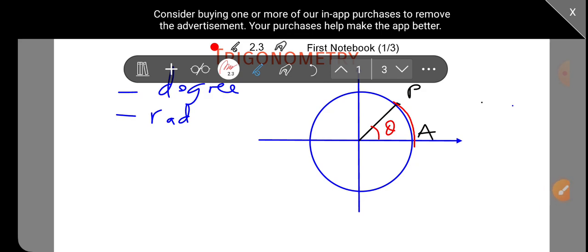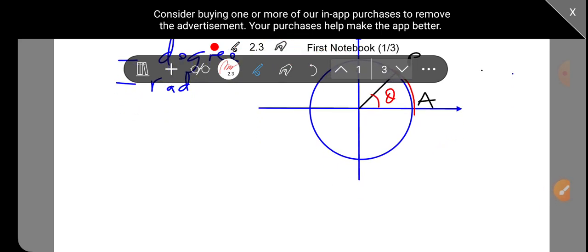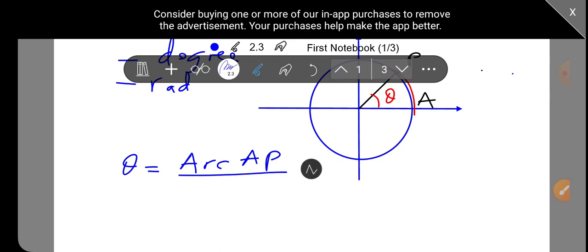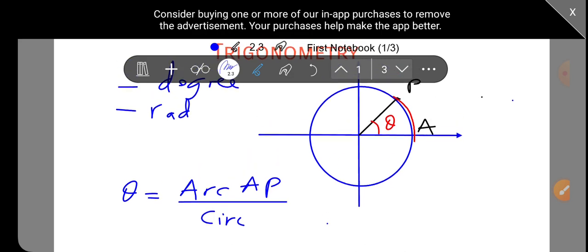If I want to find that angle, theta is equal to the length of the arc AP over the whole circumference, which I'll just write as circ.